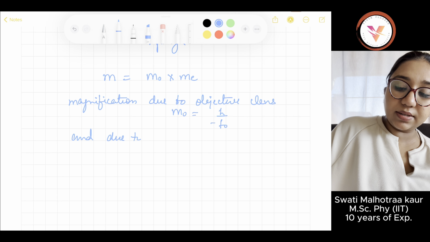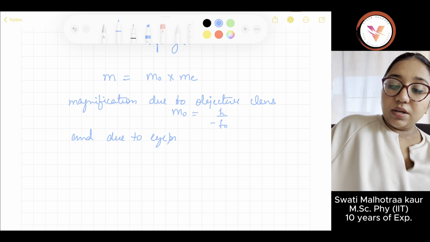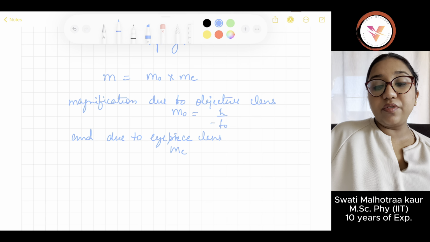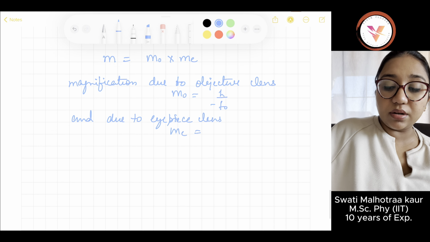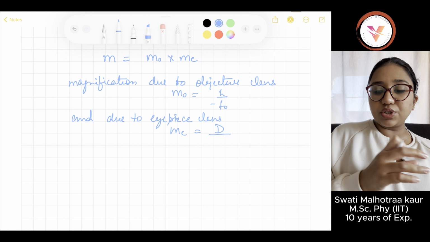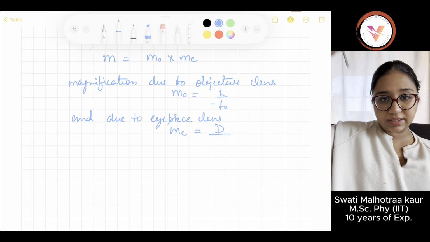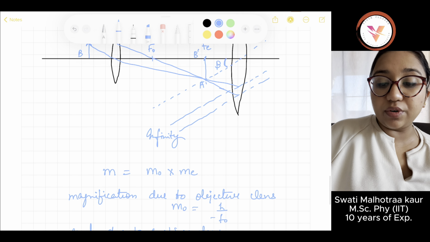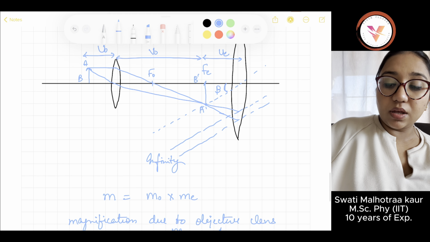Now what has changed here is your VE is basically infinity, but I'm using least distance of distinct vision because at that point only I can see. I can't see at the infinity. So it's D only, but your UE would be FE, the focal length.